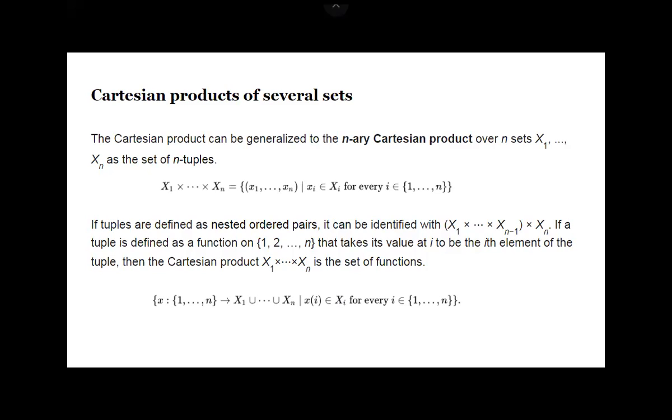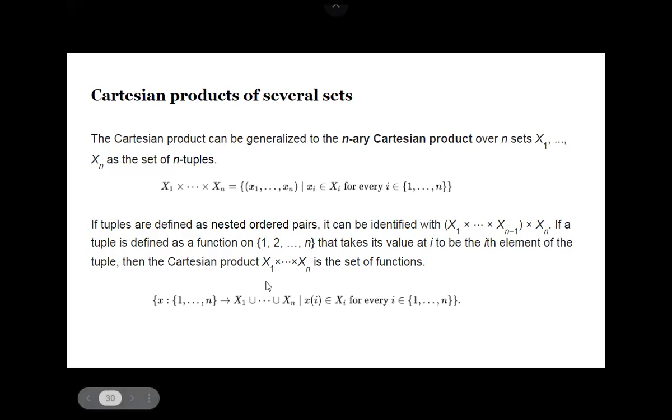This small xi belongs to capital Xi, and capital Xi is the set. Getting? Then there will be x1 belongs to capital X1, x2 belongs to capital X2, xn belongs to capital Xn. Okay.